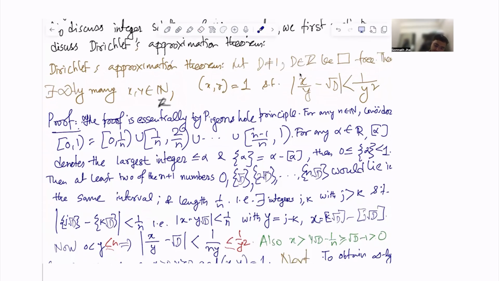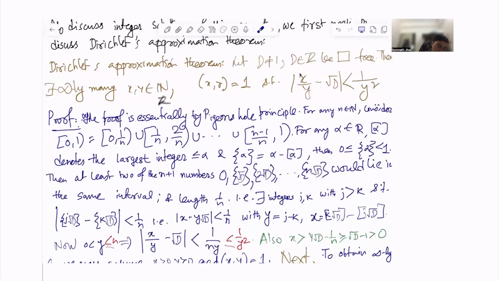So greatest integer function. Now note that y is positive, 0 less than y less than n. So that means I can now divide x by y. I can divide it by y, which is j minus k. Yeah, j is greater than k, j minus k, and j is upper bounded by n.